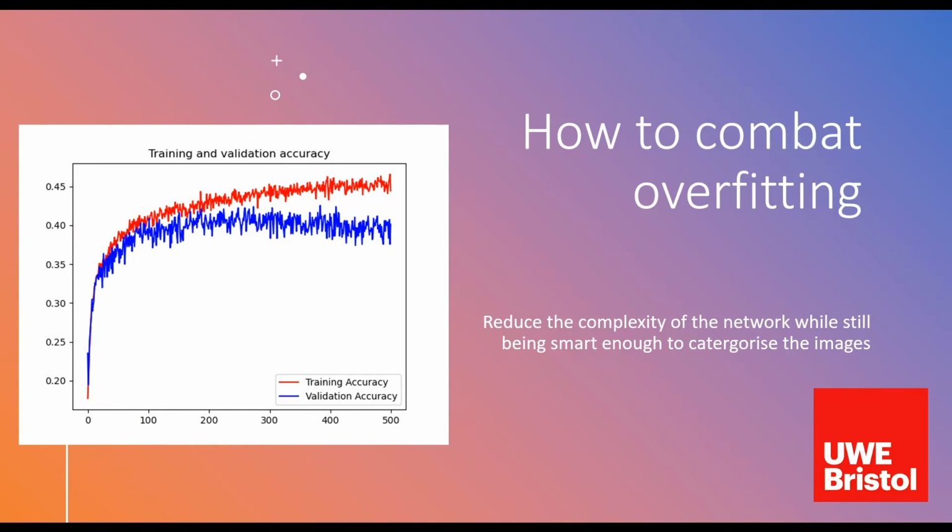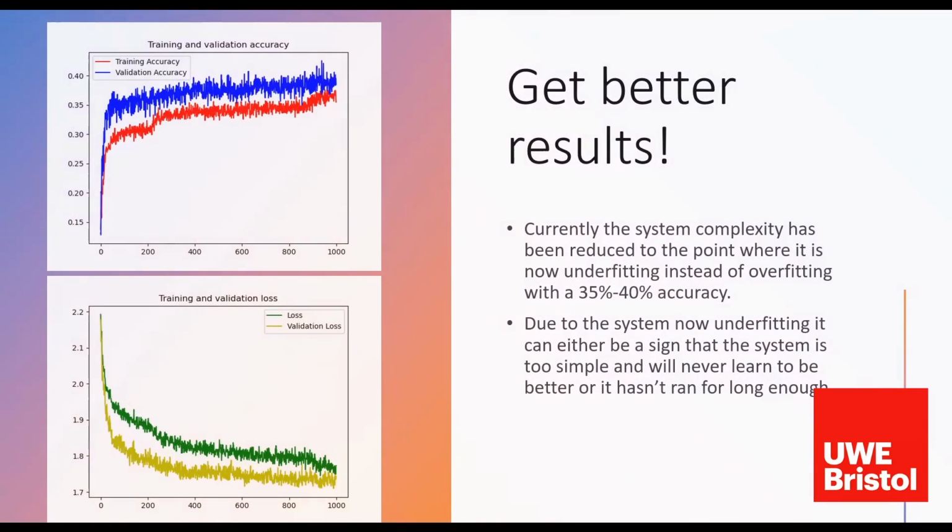So what was happening was the complexity of the network was smart enough to recognize images it's already seen, but it wasn't smart enough to categorize new images. This was one of the biggest struggles I've had for the last week, but now that I've got the neural network running, we're getting better results.